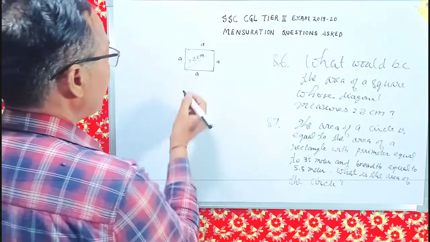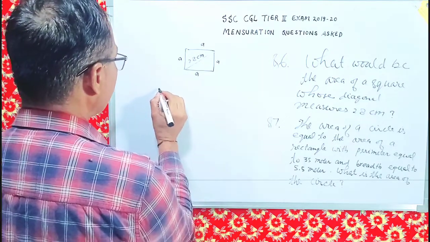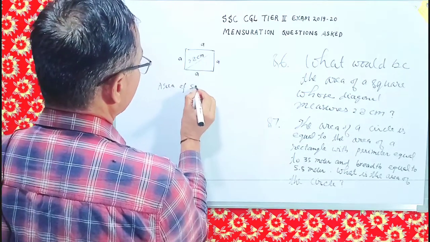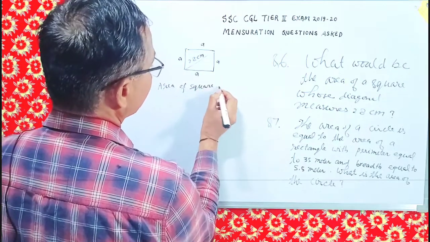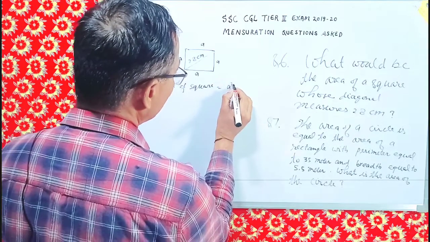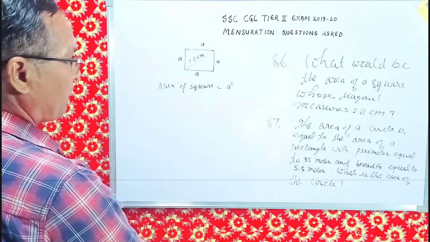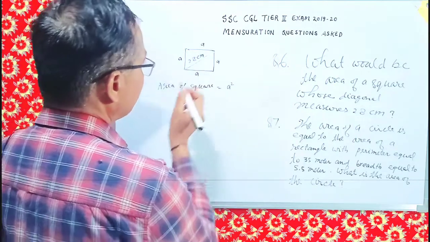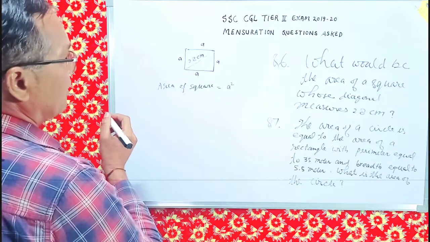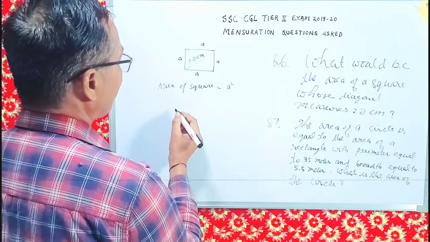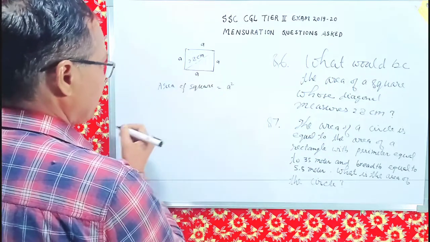Now we know that the area of a square is equal to side into side. So a into a means a square. Now if we see the figure, by using the Pythagoras theorem, we can find the hypotenuse.